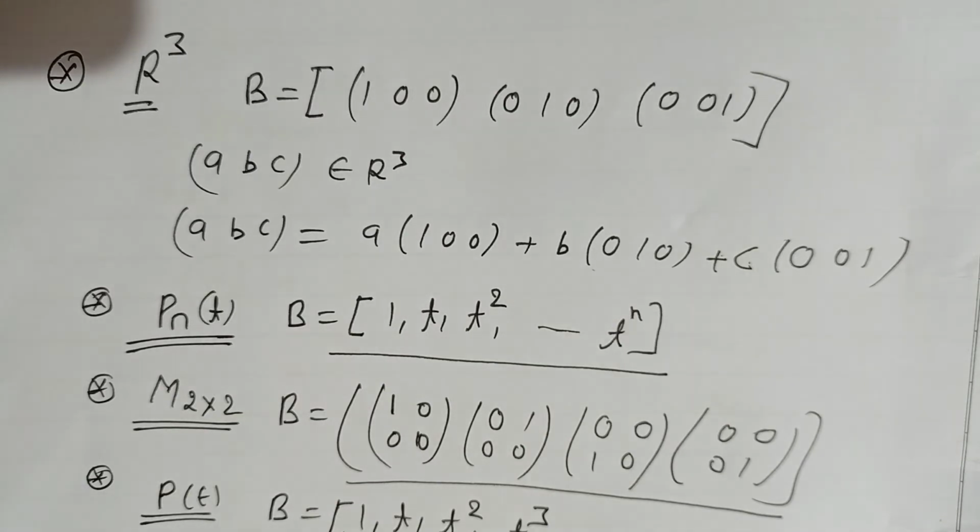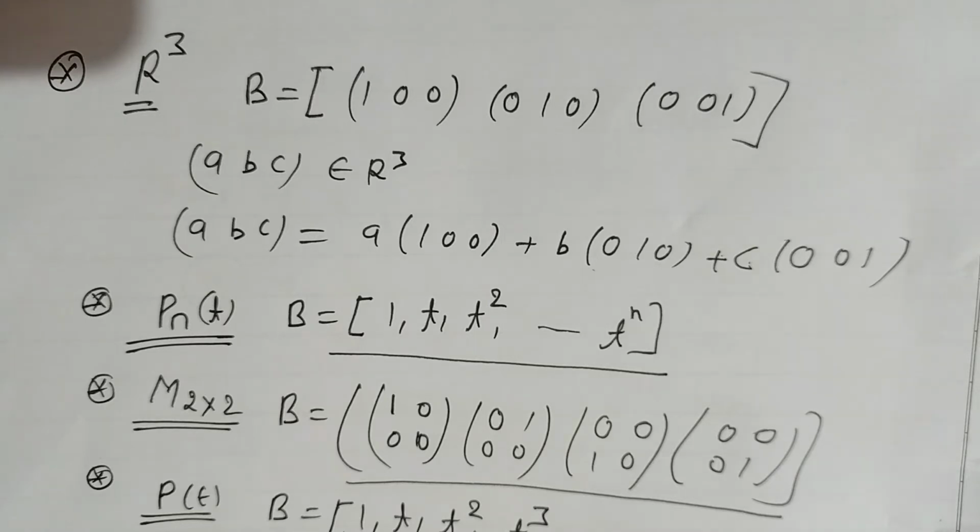If you include any other element in the basis, then that set will become dependent. So these are called the free elements. The fourth one in R3 is not independent, it is dependent, and can be written as a linear combination of these elements.